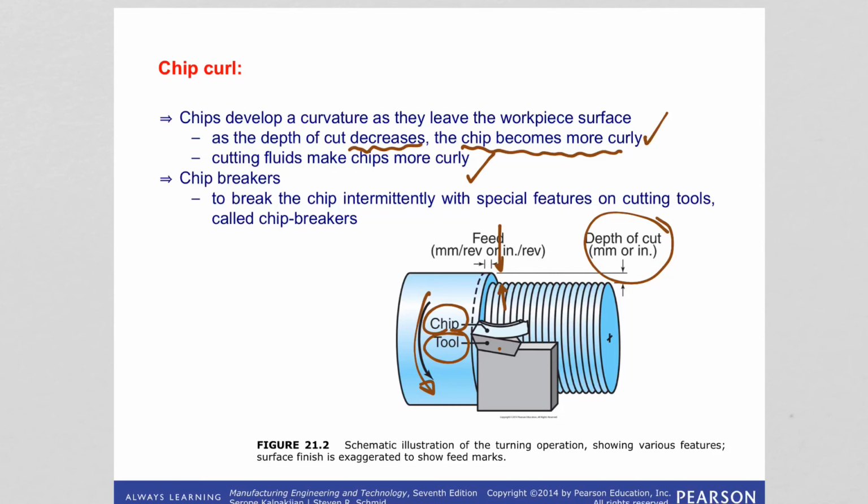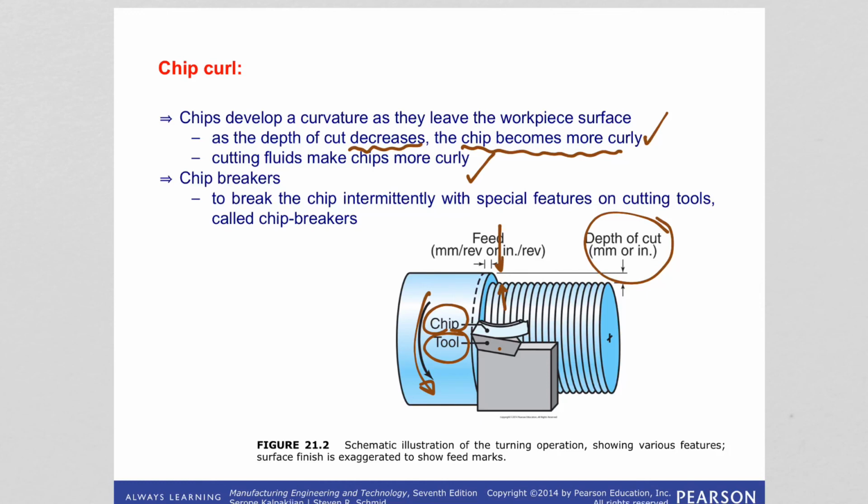So we have discussed that chips are undesirable, especially continuous long chips, because they tend to entangle and interfere with the machining operation, and therefore they also become a potential safety hazard.